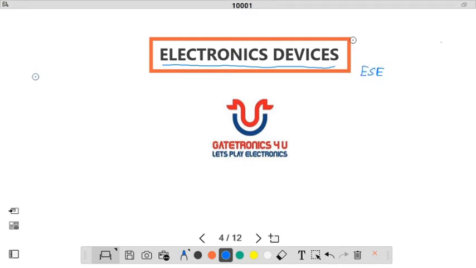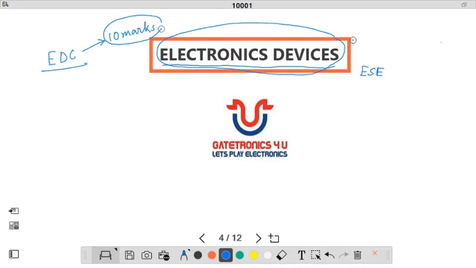So we can say that this electronic devices subject, that is EDC in short, gives nearly 10 marks weightage for the GATE examination of ECE.